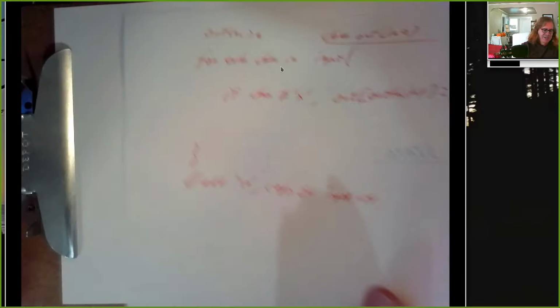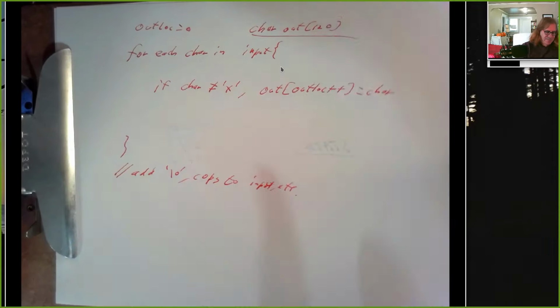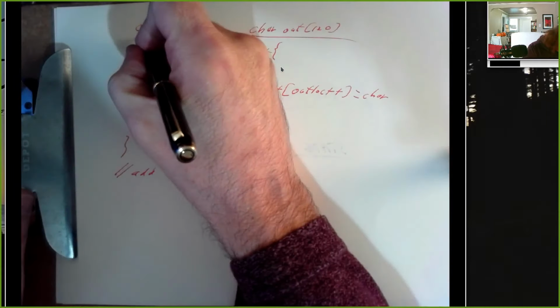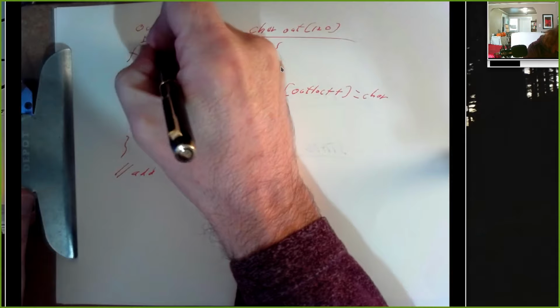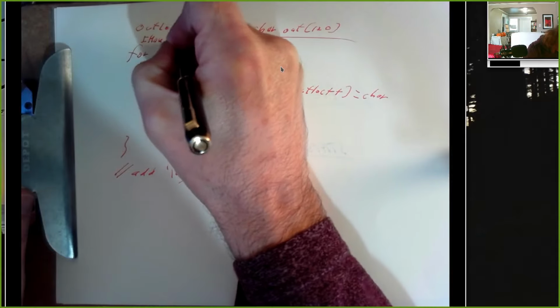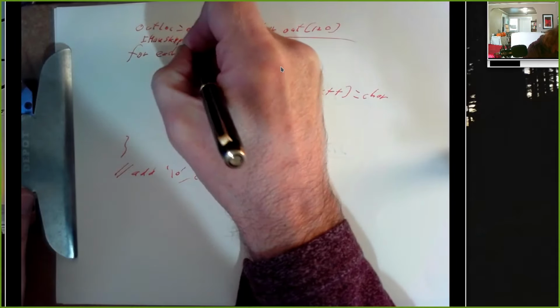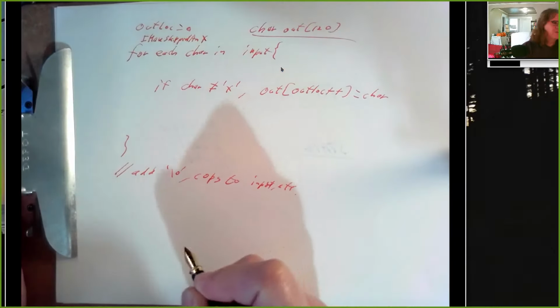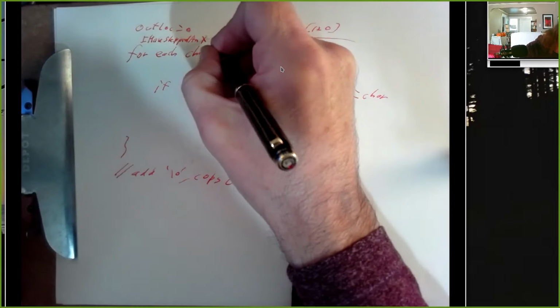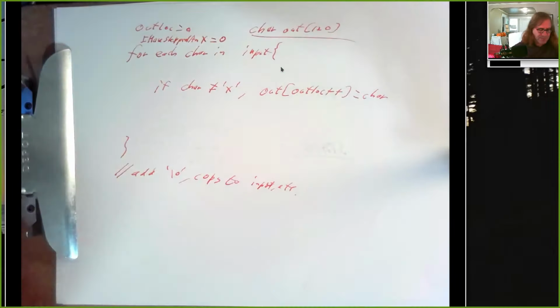Okay, so let's make a flag. We'll make a flag called I have skipped an X, and we'll set it equal to 0.